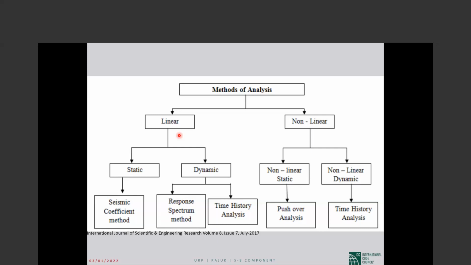But because it's linear and the behavior is nonlinear, we were using different load combinations for force control actions and for deformation control actions. So it was a little more complex.